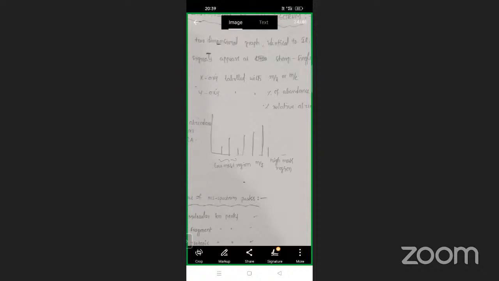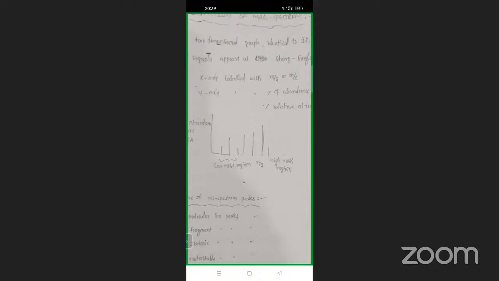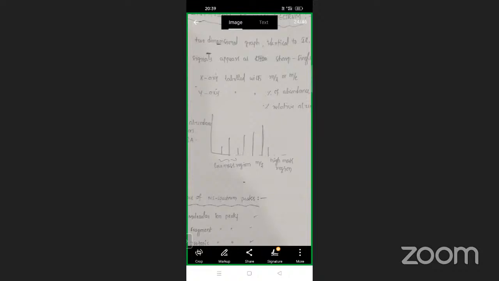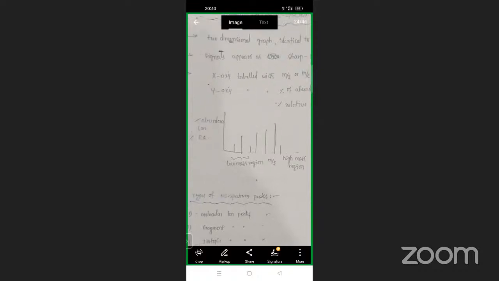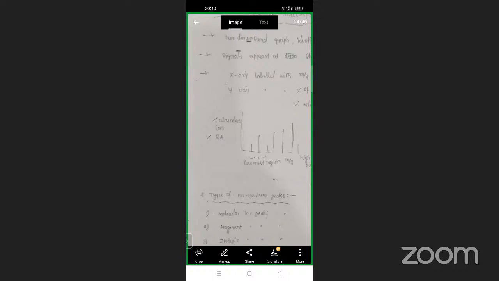Next, the presentation of the mass spectrum. How to present the mass spectrum in two dimensions, in the two-dimensional plane? On the y-axis, we take the percentage of natural abundance or relative abundance.